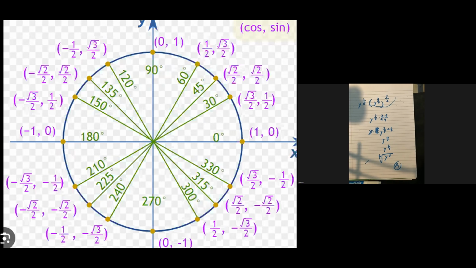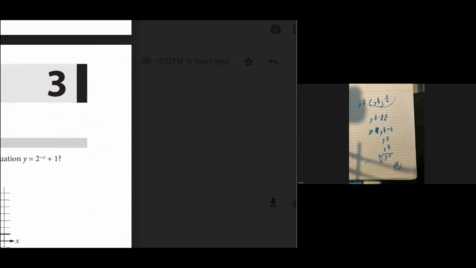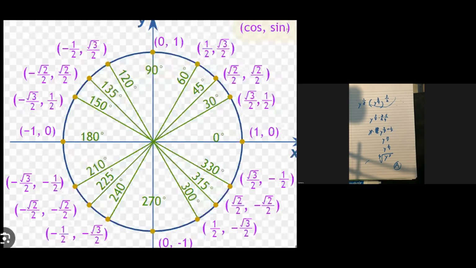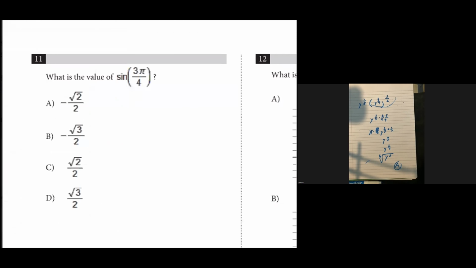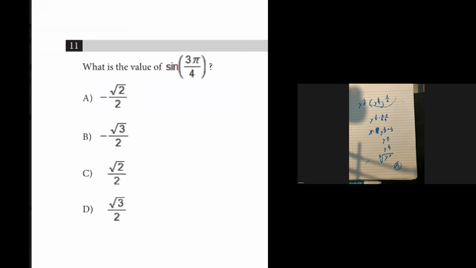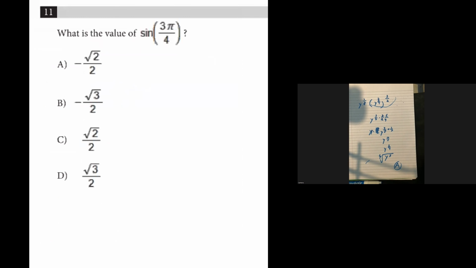And we're asked to find sine, which is the right number, which would be root 2 over 2. And so that would be answer choice C, root 2 over 2. There's not much you can do for this one, it's just memorization of the unit circle. So 11 is C.